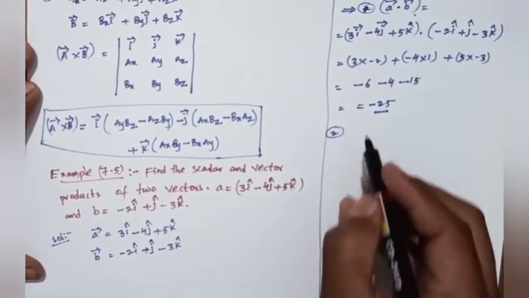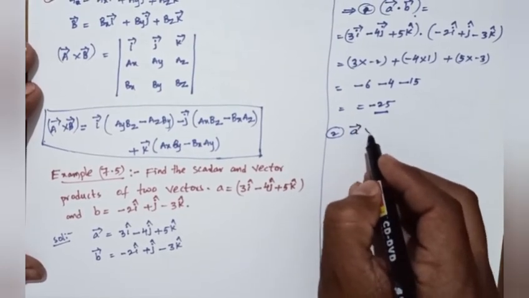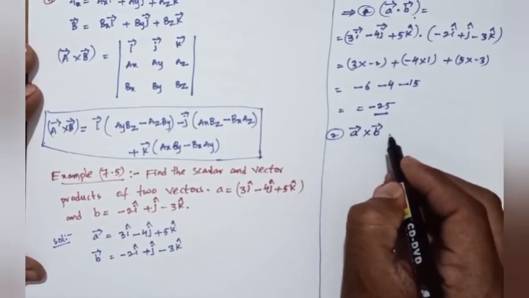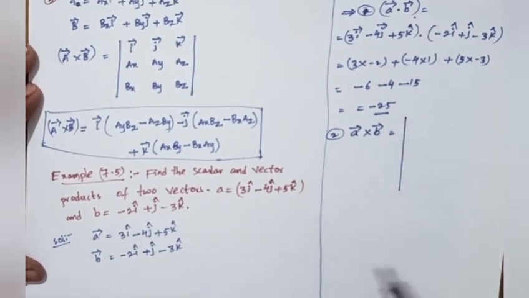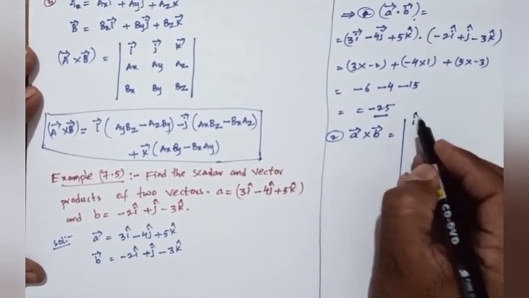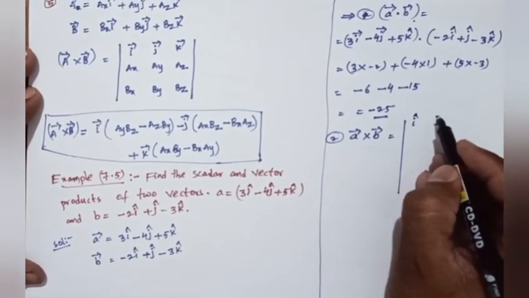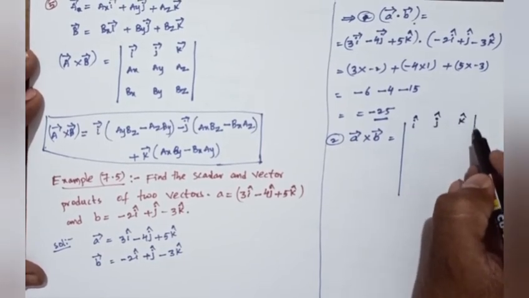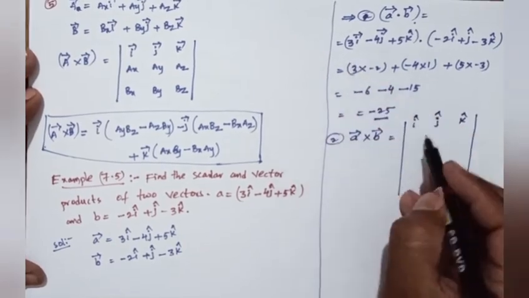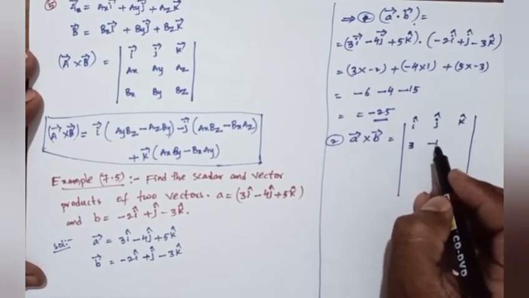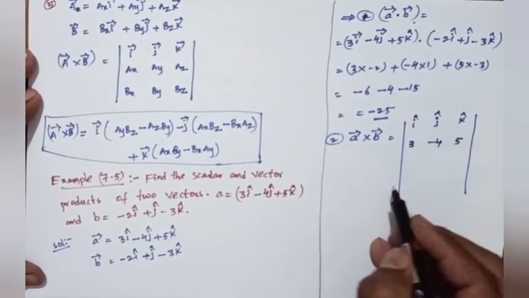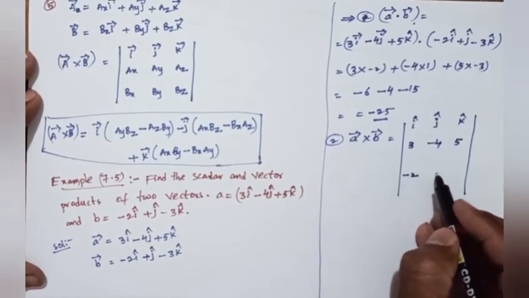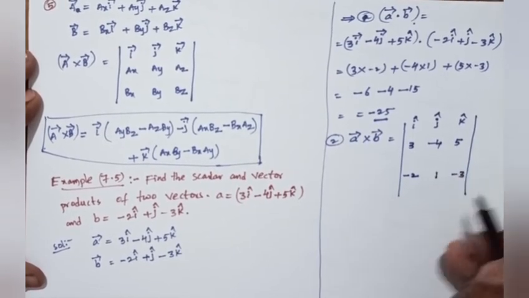So vector product A bar cross B bar equals mod of i cap, j cap, k cap; 3, minus 4, 5; minus 2, 1, minus 3.